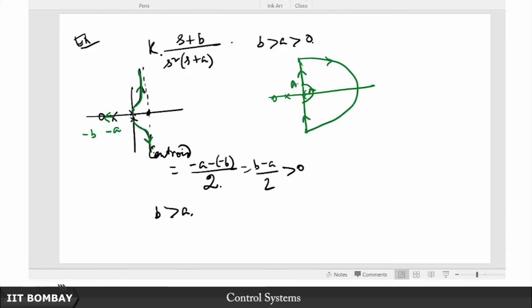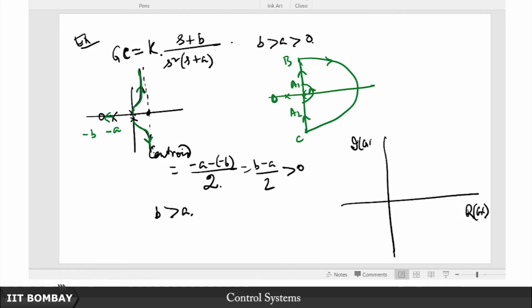We call this A1, this B, this C, and this A2, and we want to map this on the GC plane. Needless to say, this is our GC, so that's controller and plant taken together in the unity feedback configuration. Of course this is the real part of GC, this is the imaginary part of GC.